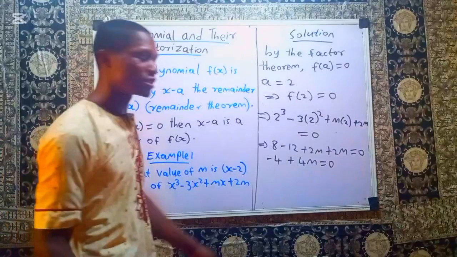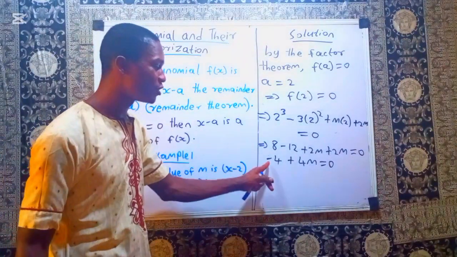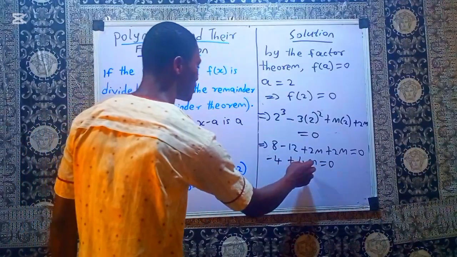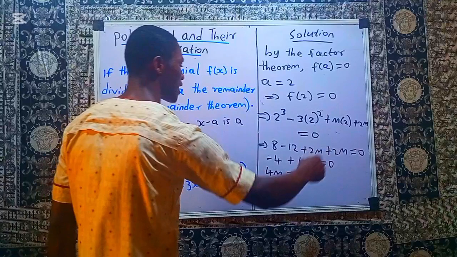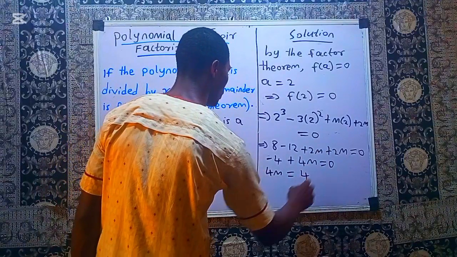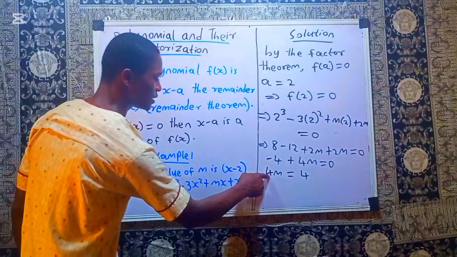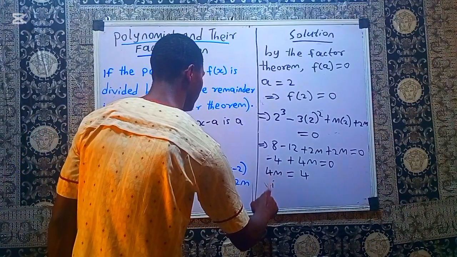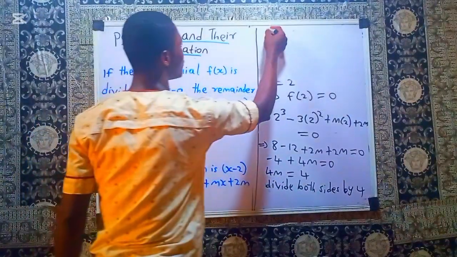So we are going to get our m. We leave our letter m this side, and move minus 4 to the right. In this place we have 4m, so we move minus 4 to the right, changing to plus 4. So what is the coefficient of m? It is this number here, 4. So we divide both sides by 4. What I have here is 4m, I will do it over 4.